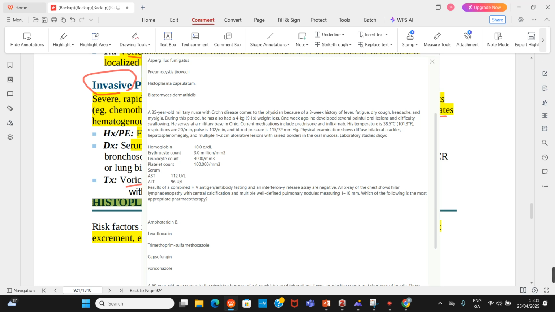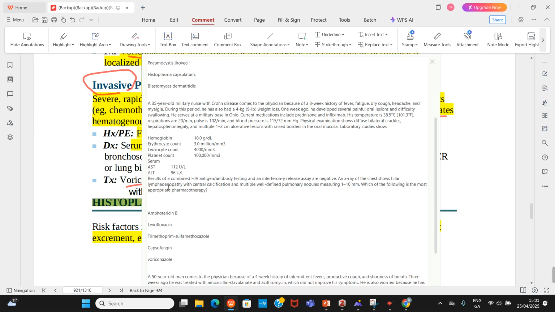Examination shows diffuse bilateral crackles, hepatosplenomegaly, and multiple 1 to 2 cm ulcerative lesions with raised border on the oral mucosa. Results of combined HIV test and interferon gamma release assays are negative. An X-ray of the chest shows hilar lymphadenopathy with central calcification and multiple well-defined pulmonary nodules measuring 1 to 10 mm. Which of the following is the most appropriate therapy for this patient? Anybody?